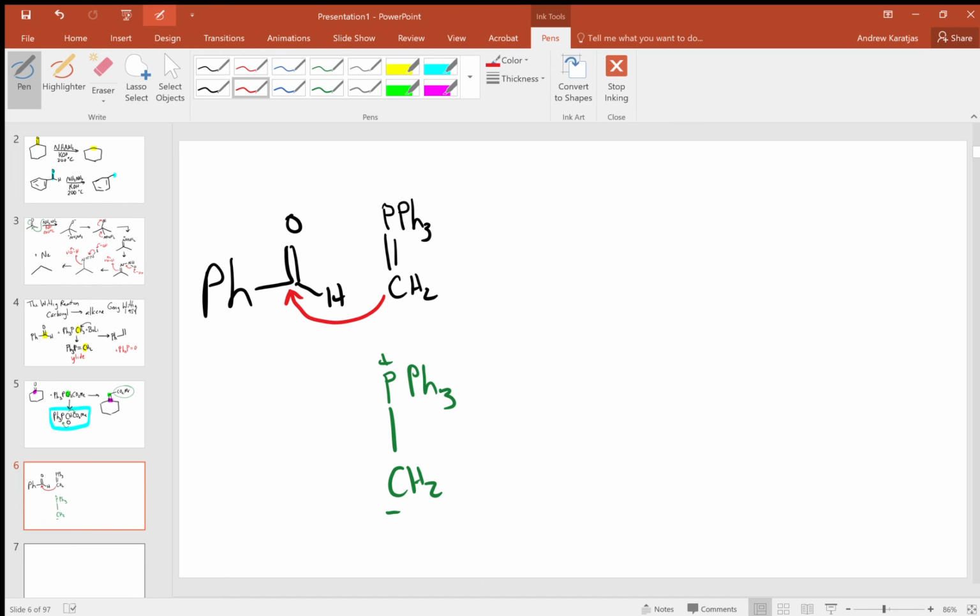And in a lot of the old mechanisms, you would just see this and the electrons would then go up onto oxygen. But now it's more likely a 2+2 cycloaddition. And these two steps happen simultaneously. The pi electrons from the carbon-phosphorus bond attack the carbonyl, and the carbon-oxygen's pi electrons attack the phosphorus.